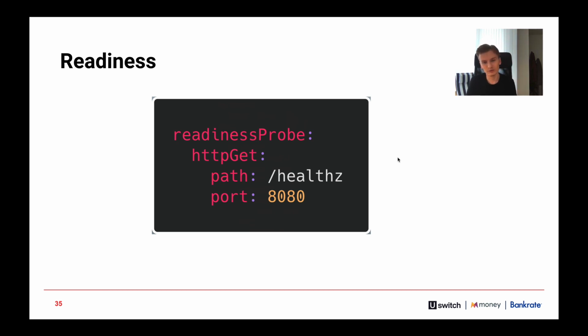There are different types of readiness probe, but for this example, we'll focus on just an HTTP GET, which is perhaps the most commonly used one. What this will do is check on a given path, on a given port, whether it gets a 200 response. And this is a way to safeguard against you accidentally deploying something that doesn't work.